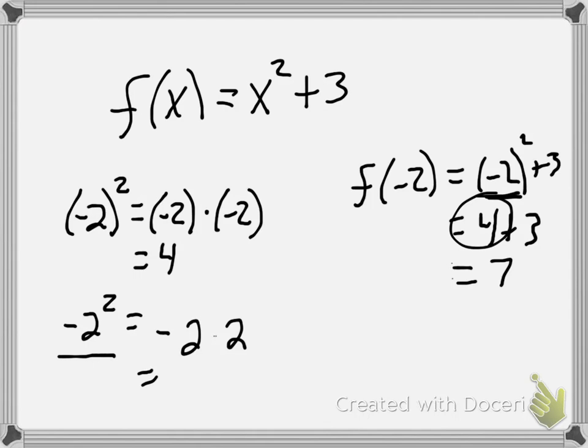Well, negative 2 times positive 2 is a negative 4. And if you notice, your answers are different. So anytime you're using function notation, if you have a negative number and it's squared, make sure you put that negative number in parentheses when you're squaring it, because it does come out to a positive number.